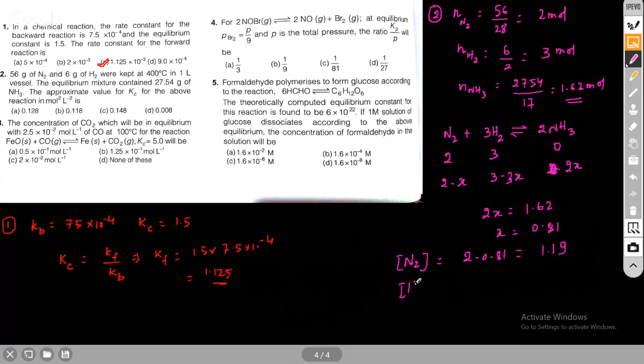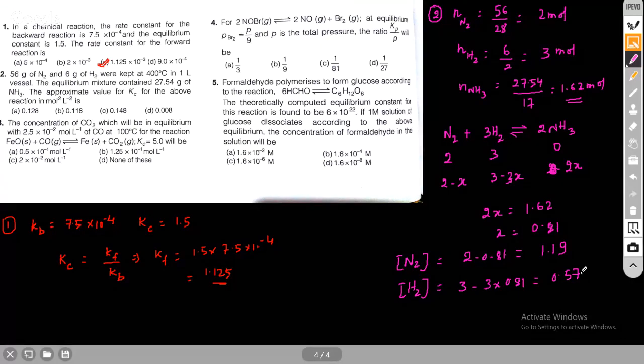So equilibrium concentration of H2 will be 3 minus 3x only, which is 0.57, and NH3 is 1.62. This is what we are getting.